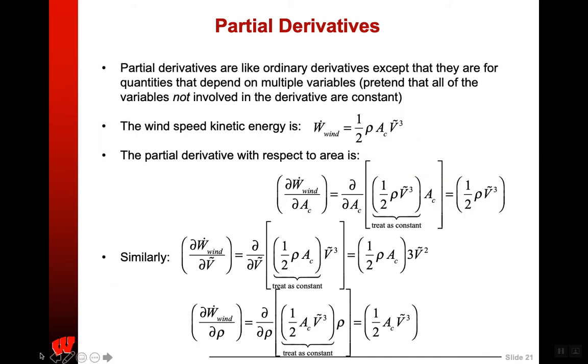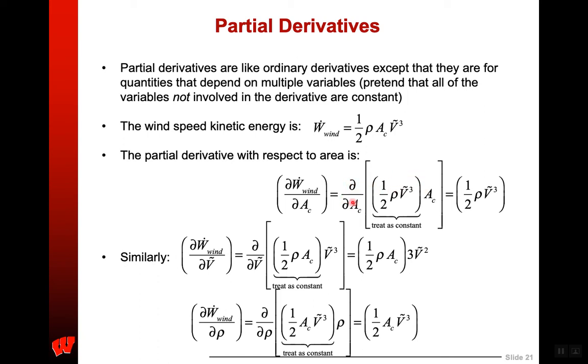I'm going to turn on my laser pointer here just so you can see a little bit better. I know that the kinetic energy of the wind, right, is 1/2 rho A v cubed, right? 1/2 times the density times the area times the velocity cubed. So the partial derivative with respect to area is the derivative of this stuff as this changes a little bit.